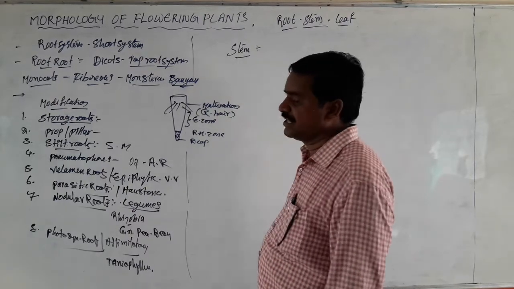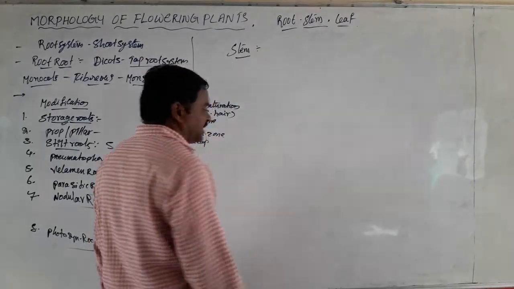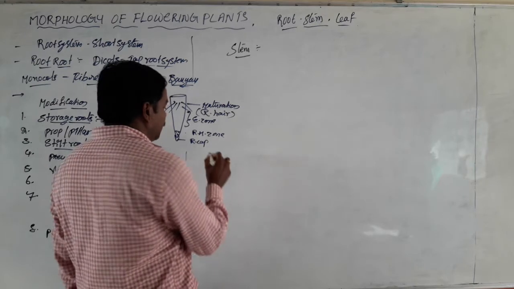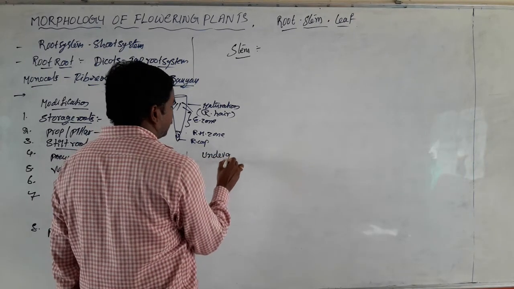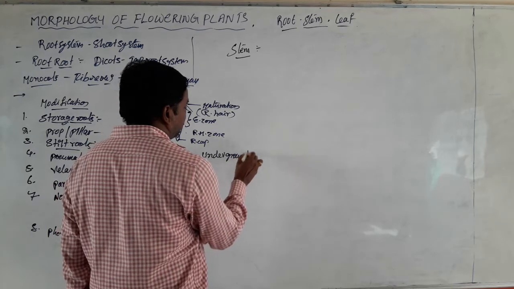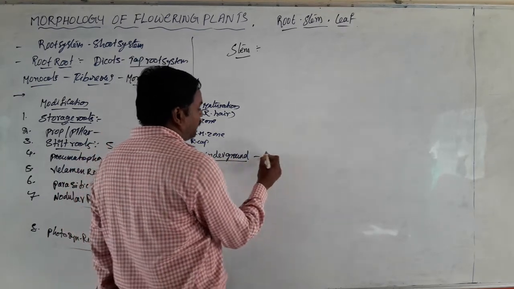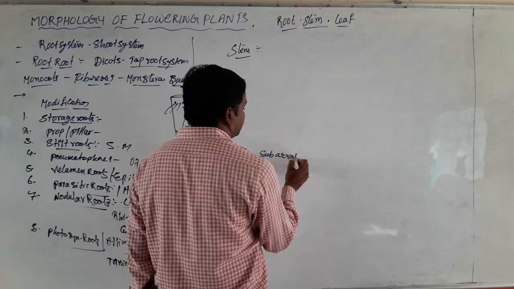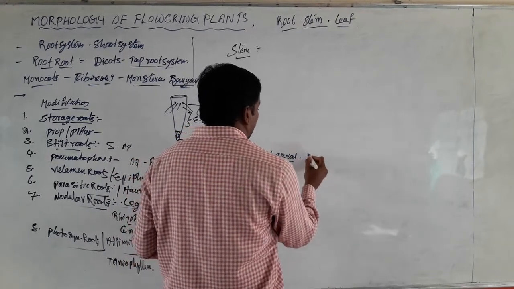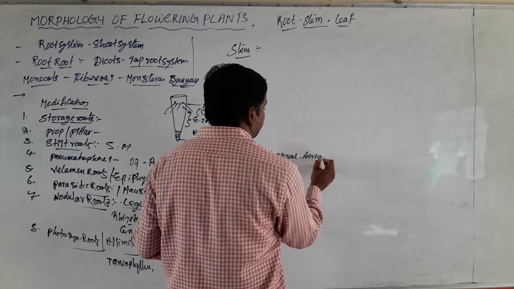Generally, stems are of 3 types: underground stems, sub-aerial stems, and aerial stems.